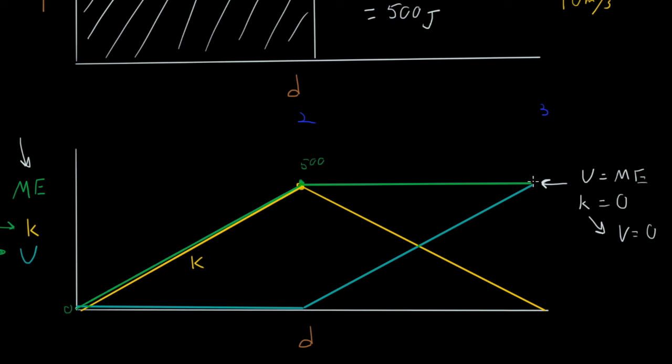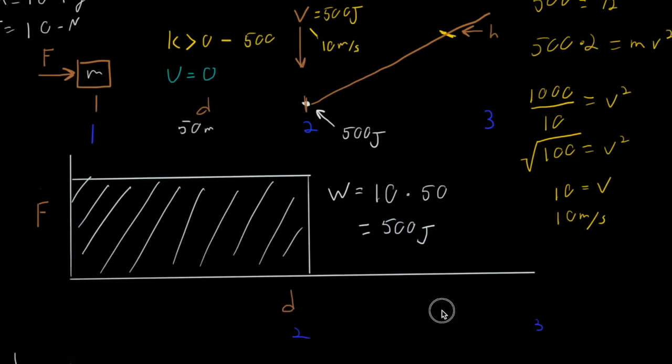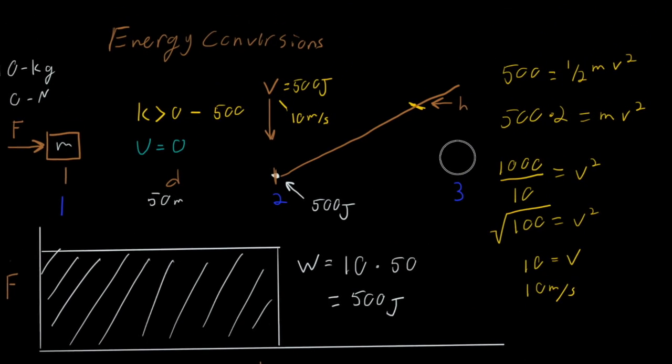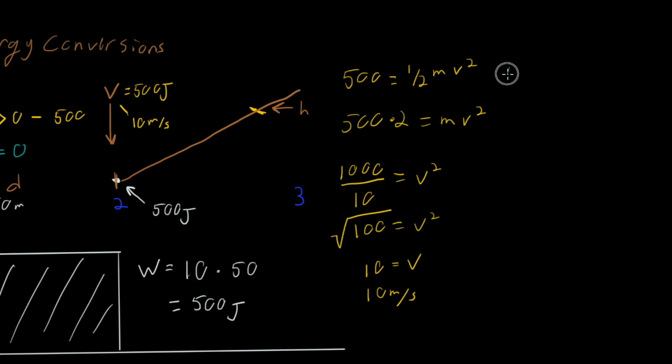So we can calculate the height at this point by saying, well, since I've still got a total of 500 joules of mechanical energy in this system, all of that is going to get converted into potential energy. So right here, I've got 500 equals mgh. So I can just take 500 divided by mg, which is going to be 10 times 9.8 equals h.